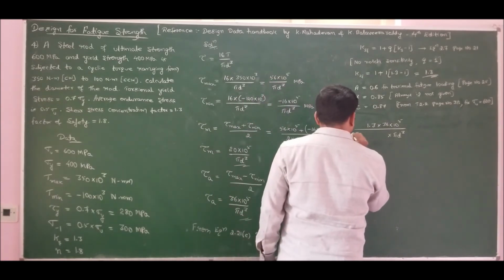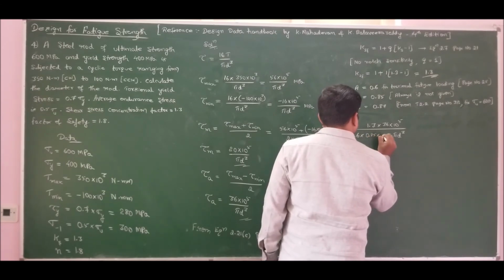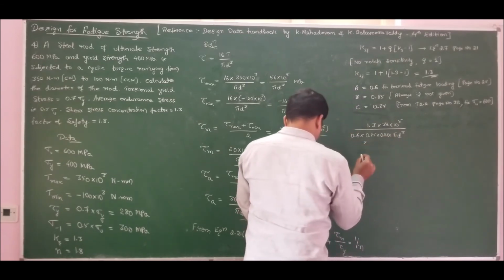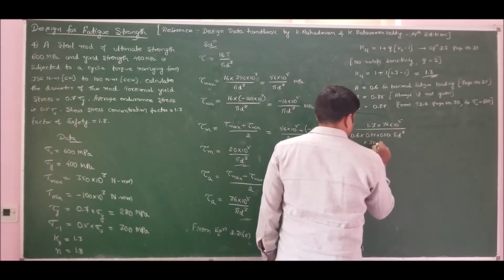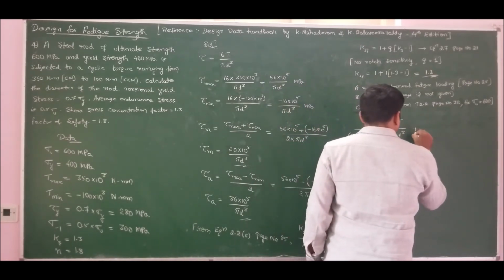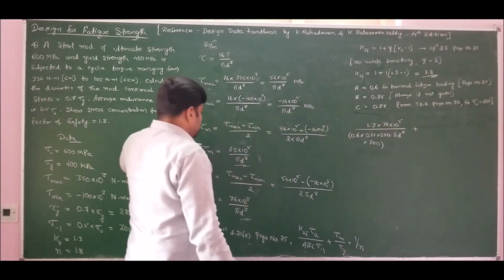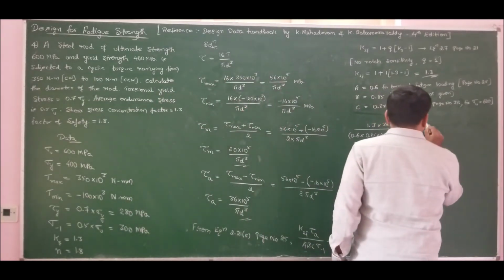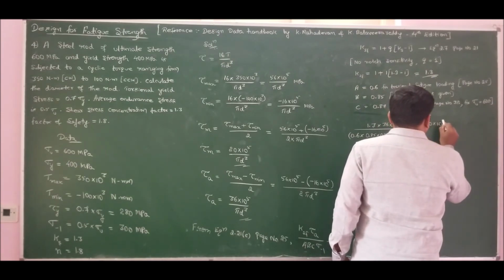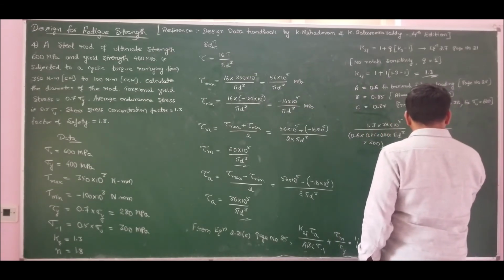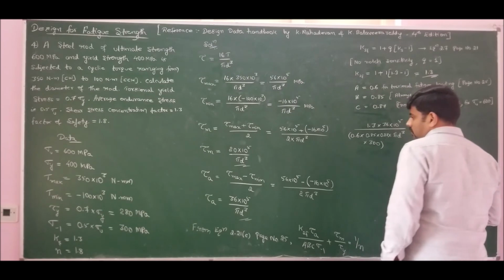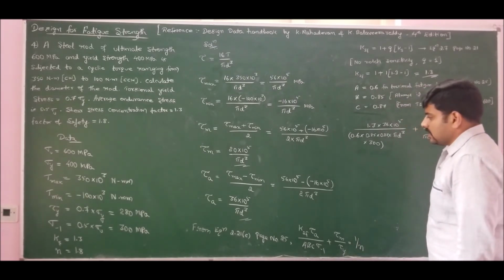Factor A is 0.6, factor B is 0.85, 0.87, into endurance stress is 300 megapascals, plus mean shear stress is calculated as 20 into 10 to the power of 5 divided by pi d cube, and we have tau yield in the denominator.